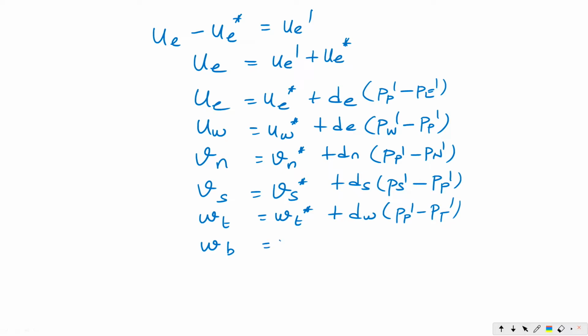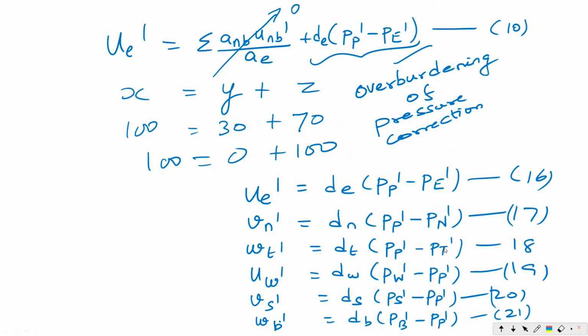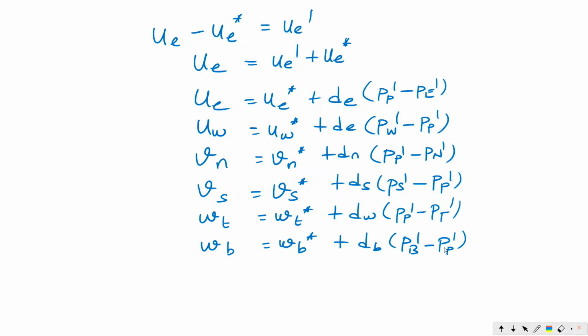Wb will be equal to Wb star plus dB of Pb prime minus Pp prime. So let us call these equations 22, 23, 24. From equation 20 we can call this whatever, the expression number is not an issue, we can give any number of equations.